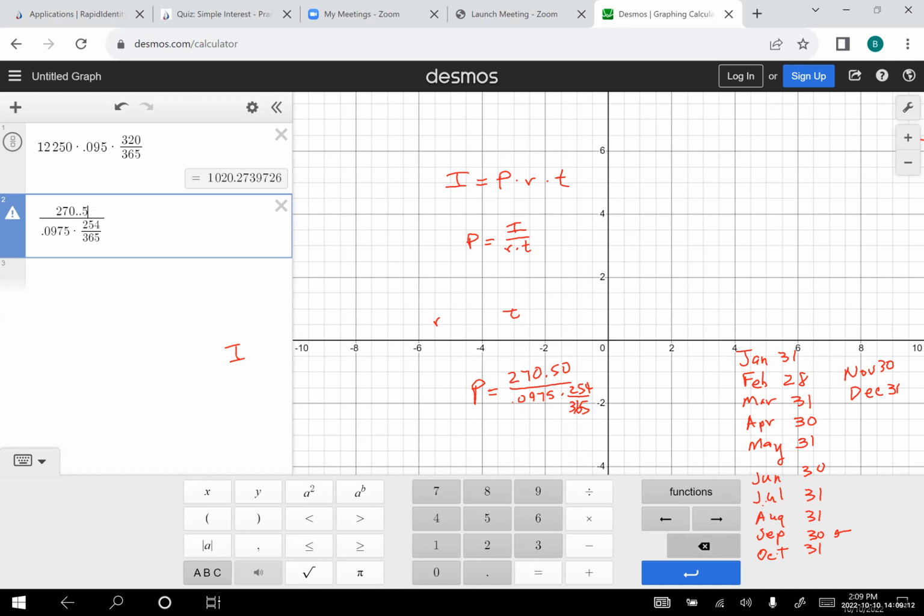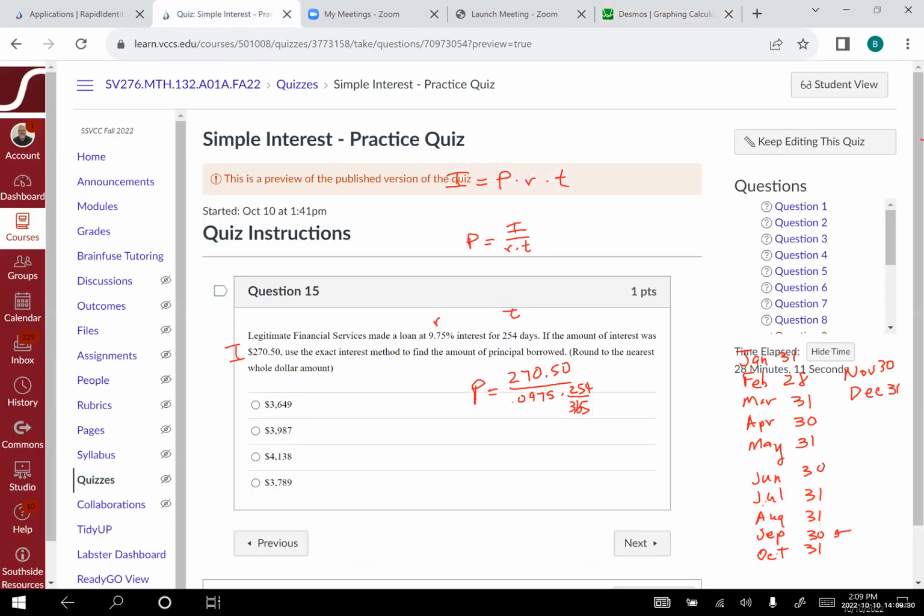One too many decimal places there. There we go. $3,986.78. They rounded it all the way up to the nearest whole dollar amount. So 3,987.